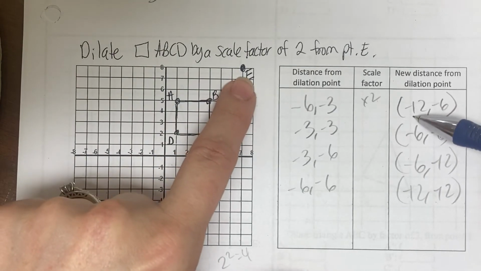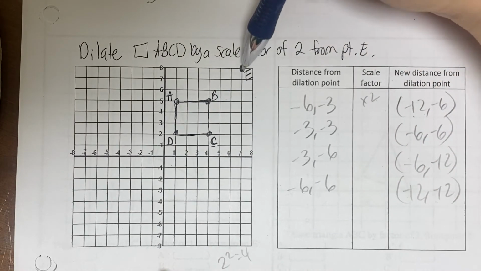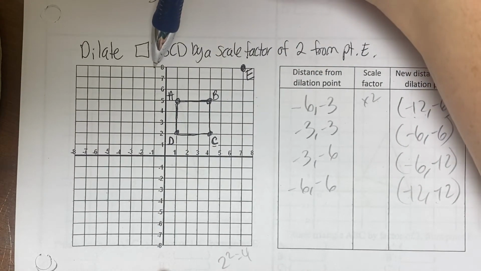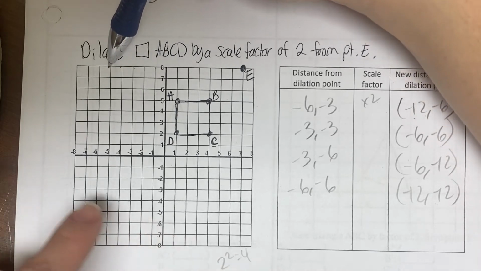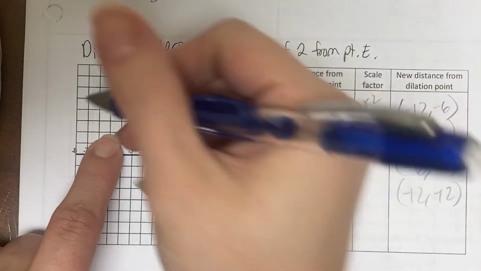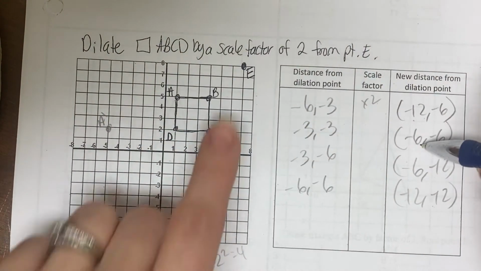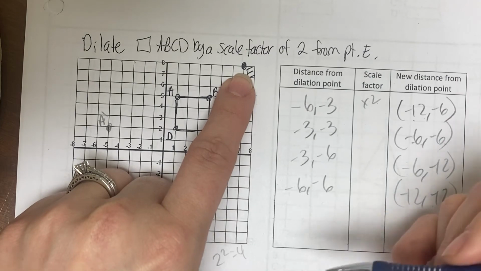So I need to go left 12, down 6. So that would be, this is on the 7, so 7, 8, 9, 10, 11, 12, down 6. And that is A prime. Go back to my E and go left 6, down 6.